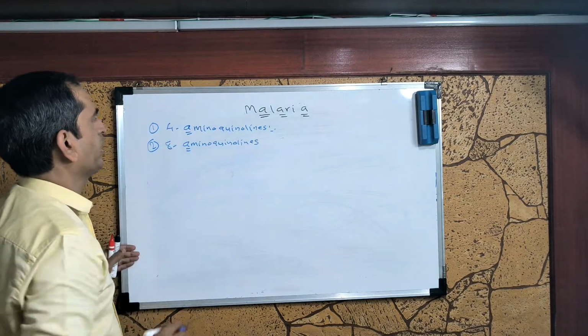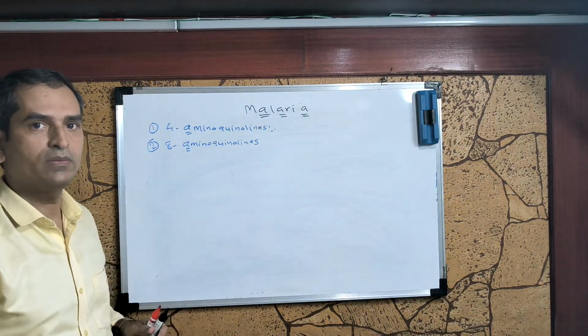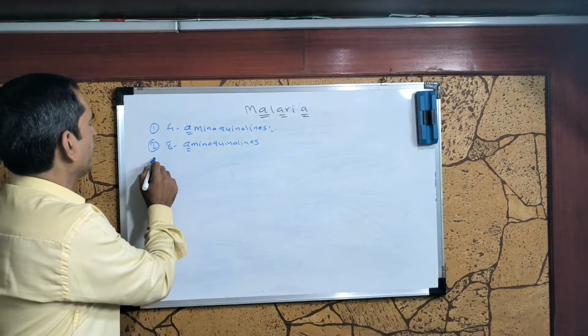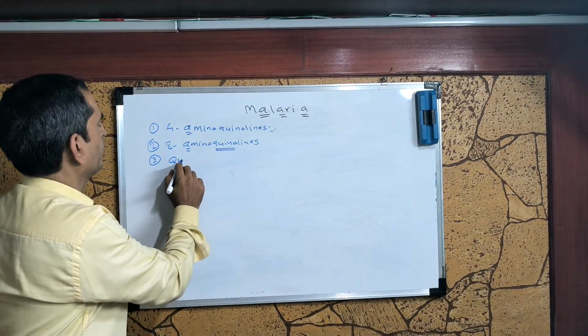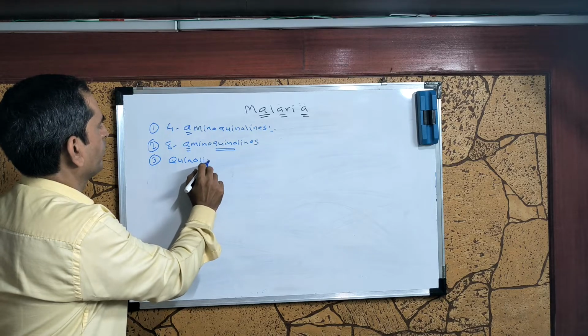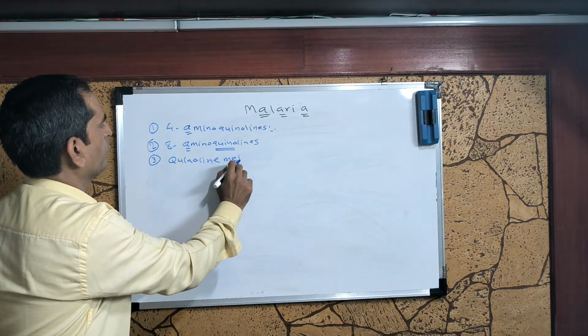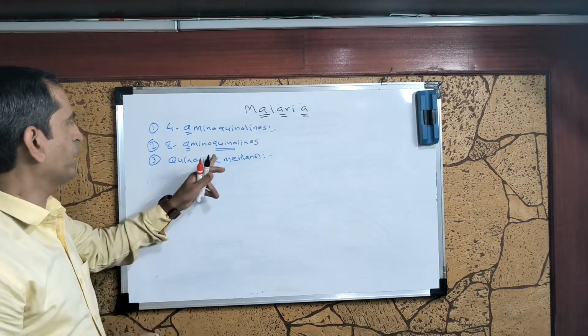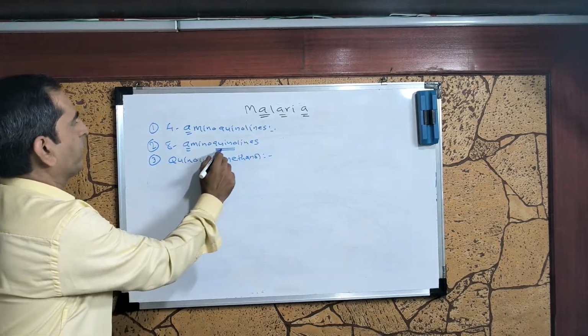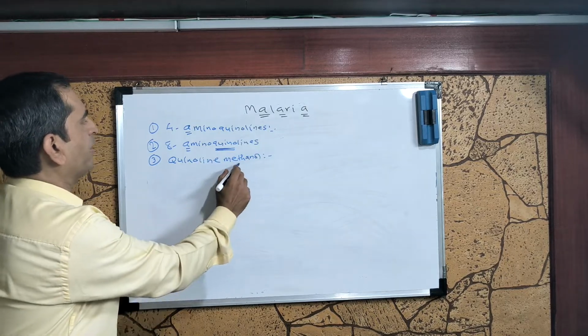This is the second category again where the A has come here. The third category, I will take the clue from here, quinoline methanol. Third category is quinoline methanol, because I have taken a clue from here, quinoline, and I have added methanol in front of it.